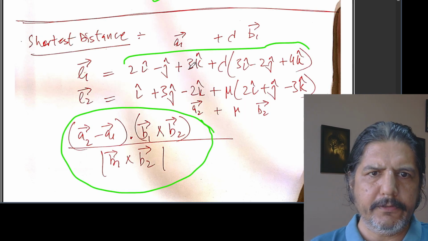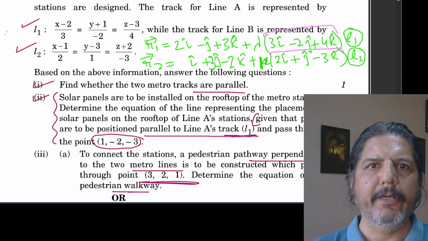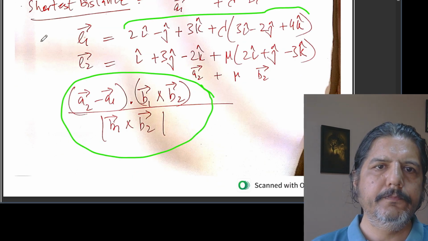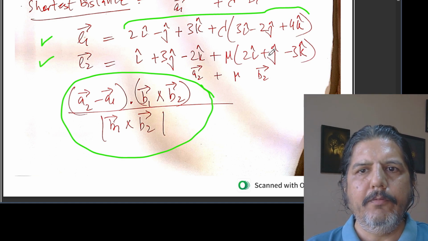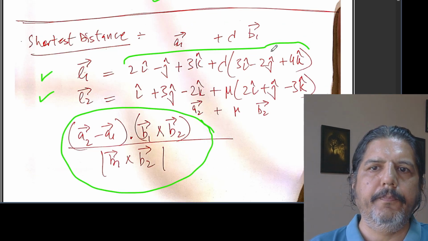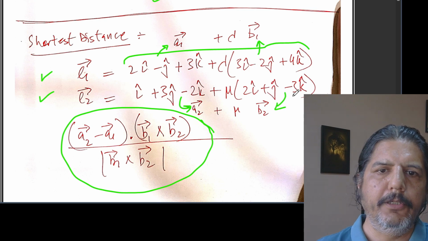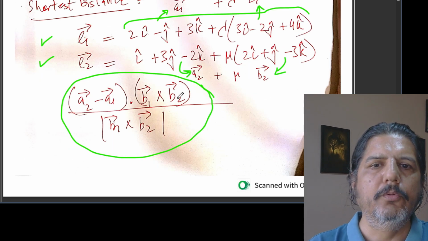This is the first line, with point (2, minus 1, 3) and direction (3, minus 2, 4), and this is my second line, with point (1, 3, minus 2) and direction (2, 1, minus 3). So this is A1, this is B1, this is A2, this is B2.